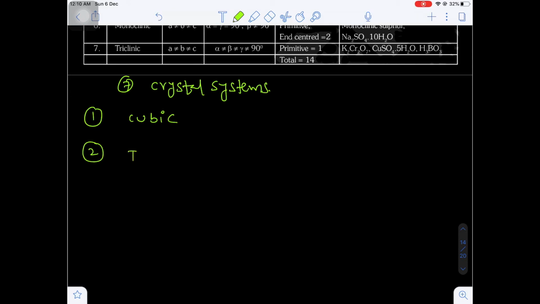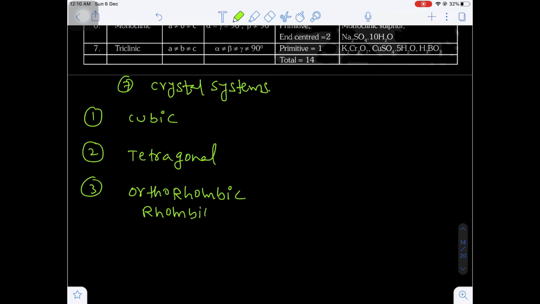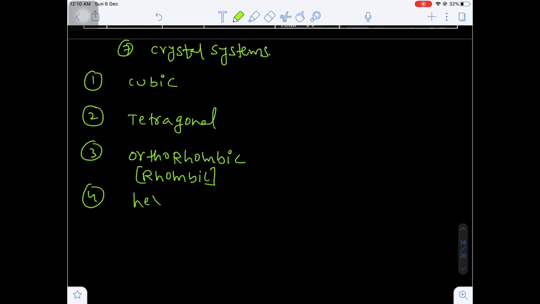The second system will be the tetragonal system. Yes or no? Third one will be the orthorhombic system, simply also known as a rhombic system. Fourth one, rhombohedral, otherwise trigonal.